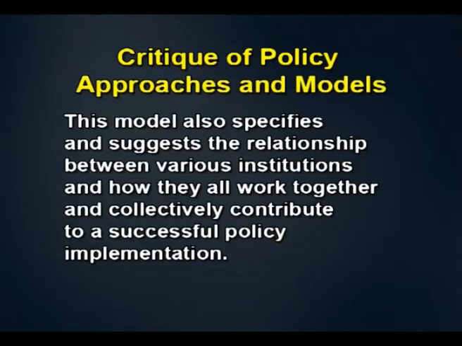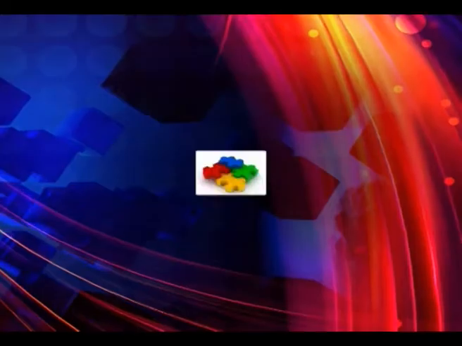The functions performed by these institutions are the most major determining factor to implement various policies. This model also specifies the relationship between various institutions and how they all work together and collectively contribute to a successful policy implementation.